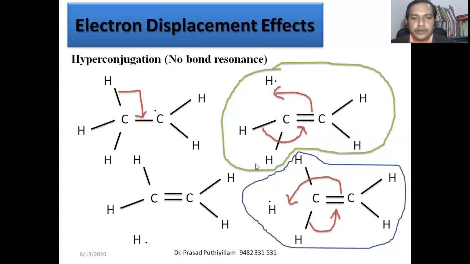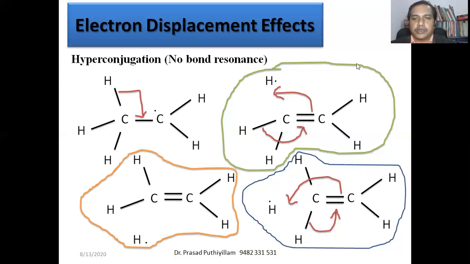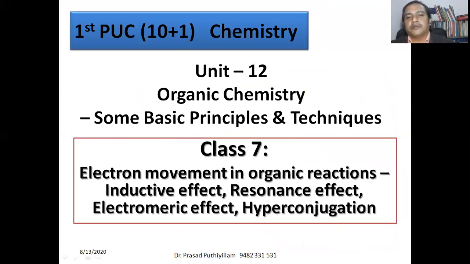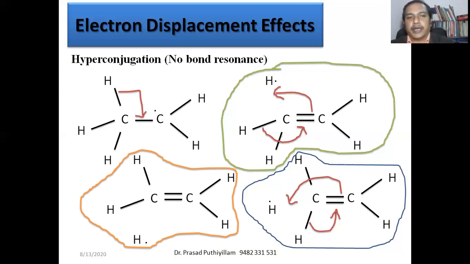Same structure, only in place of the positive charge there is a free radical. So hyperconjugation also stabilizes the free radical, and hyperconjugation also stabilizes a carbocation. Therefore, the stability of carbocations or free radicals can be explained with hyperconjugation.